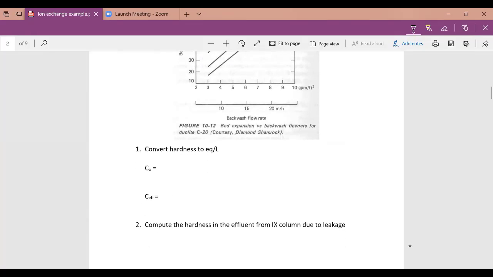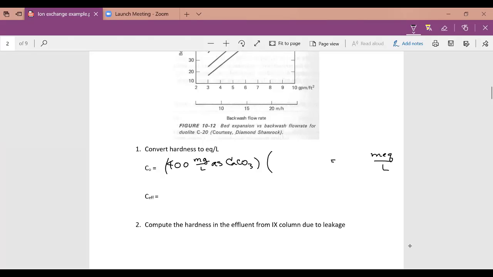So let's start with this. Since we're given our exchange capacity in equivalents, let's convert the hardness to equivalents. So we have 400 milligrams per liter as calcium carbonate. We want the concentration in milliequivalents per liter. So how do we do that?